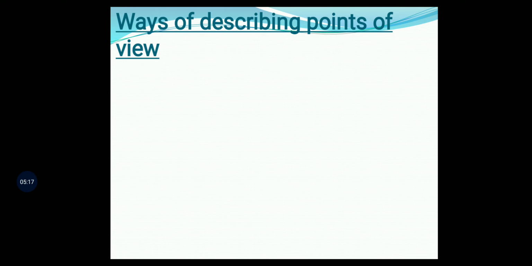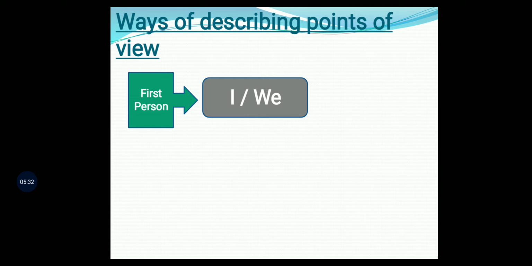Next, we shall look into the first person, second person, and third person that we talked about. So these are nothing but describing points of view. When we talk about the first person, it is when you are talking about yourself. You're talking about yourself, therefore we call it I or we. So this is the first person point of view. When we talk about the second person, this is when you're talking to somebody else, somebody in front of you.